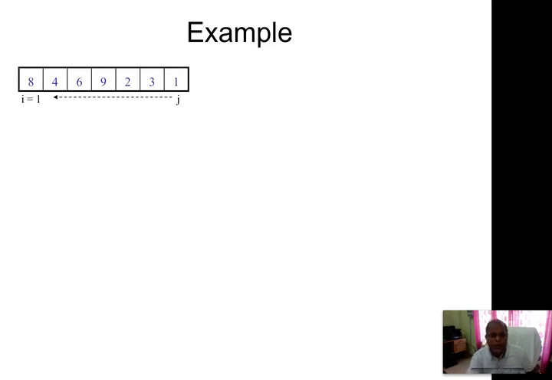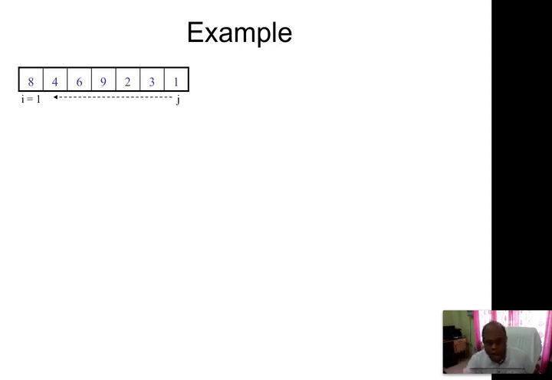See the algorithm. First, i will be 1. For this example there are 1, 2, 3, 4, 5, 6, 7 elements, and hence there will be 7 passes. In each pass we start from the end of the array and compare two adjacent elements.